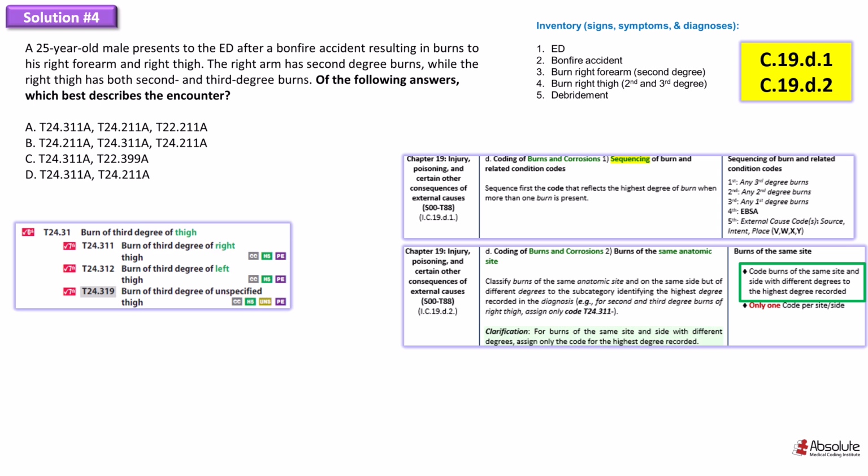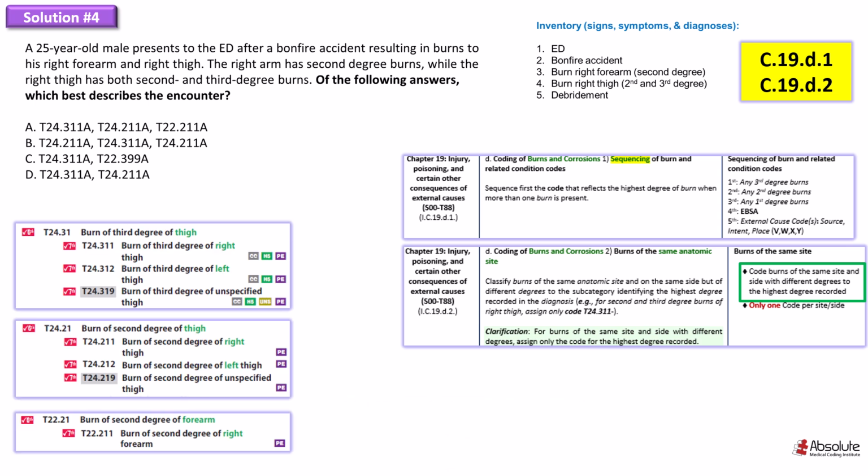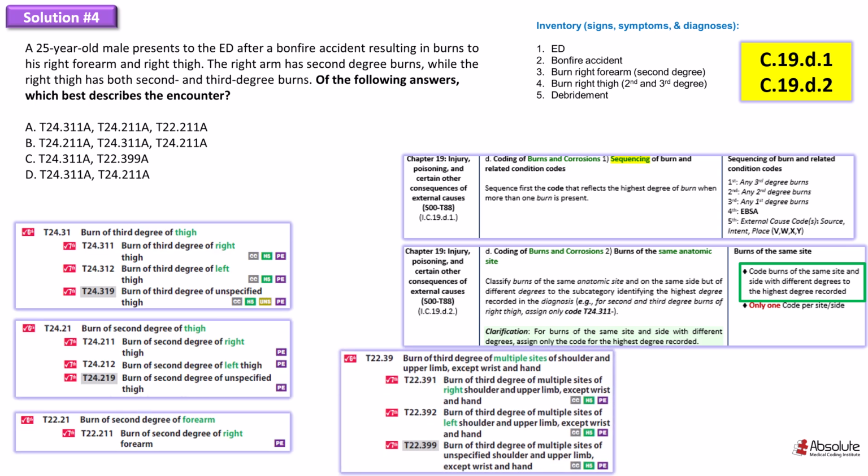Now let's go ahead and look up our codes. We're going to begin with A, T24.311. We said earlier you can recognize this 311 as third degree, right? So yes, it's a third degree burn of right thigh. I like it.